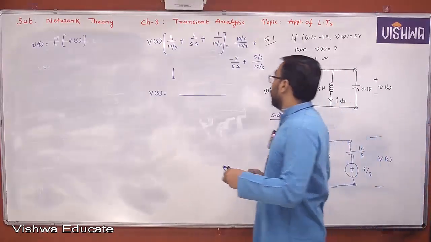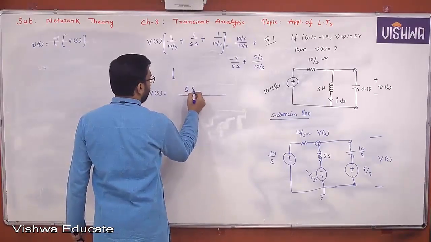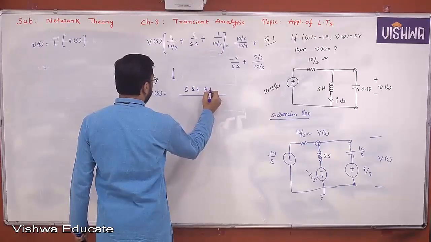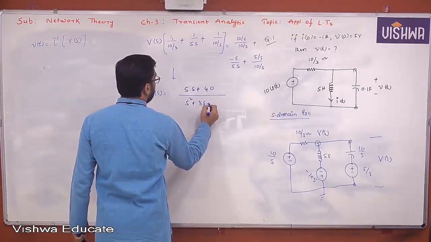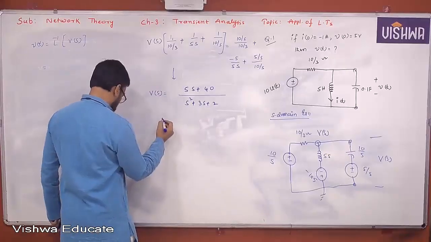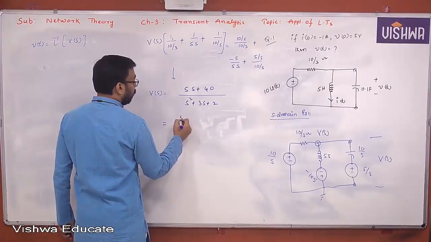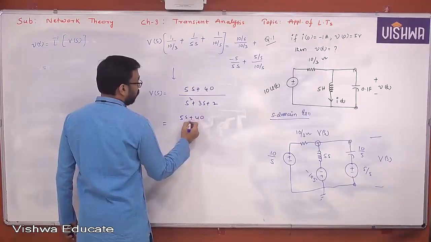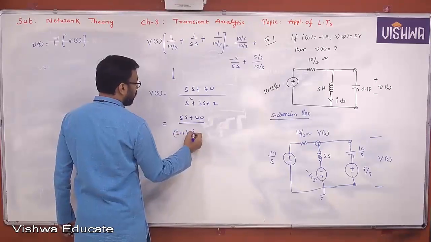So I think if you simplify all this, you may get 5S plus 40 divided by S square plus 3S plus 2. So what do you get here? 5S plus 40 by S plus 1 into S plus 2.